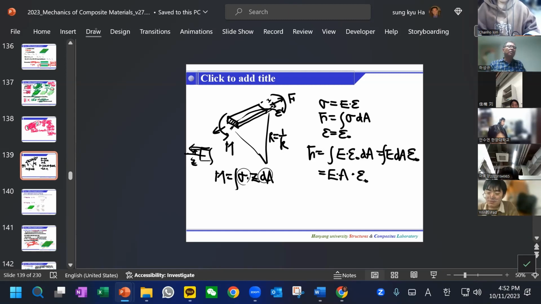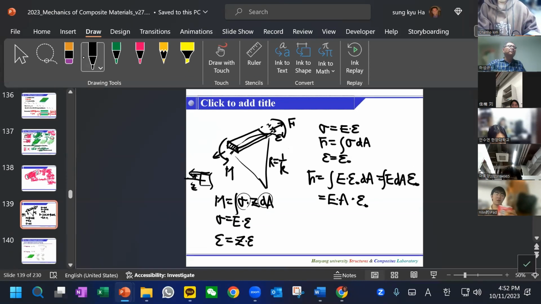Also the sigma equals E epsilon. Now epsilon here, since it's curved, simply we can say that epsilon is Z times curvature, right? Z curvature. Well, this is pretty much the level of strength of materials, undergraduate level.